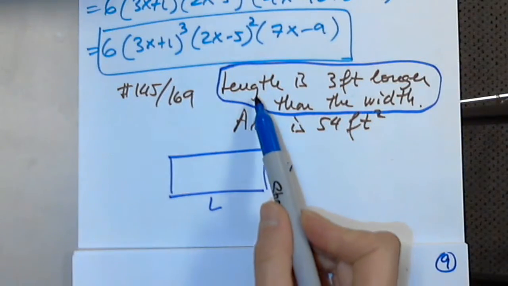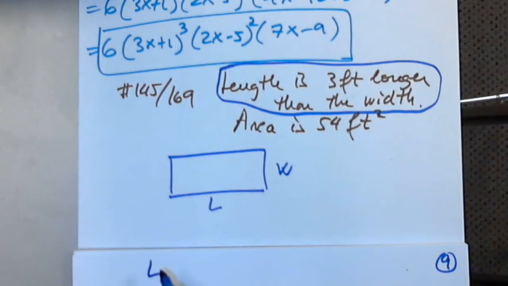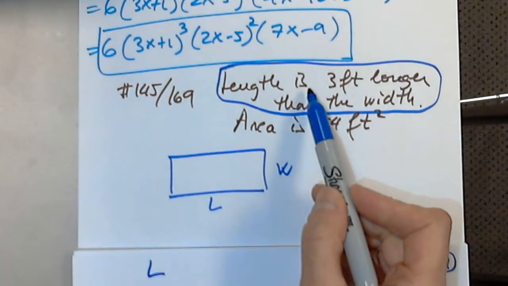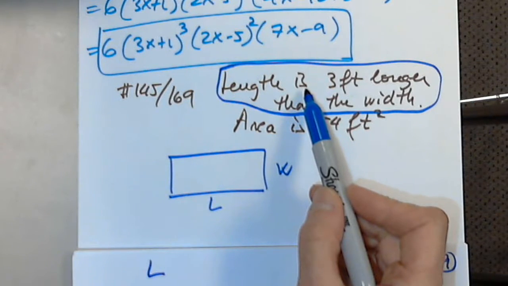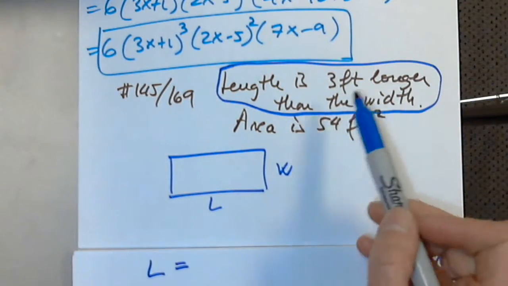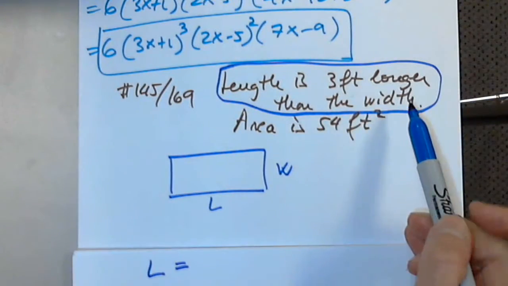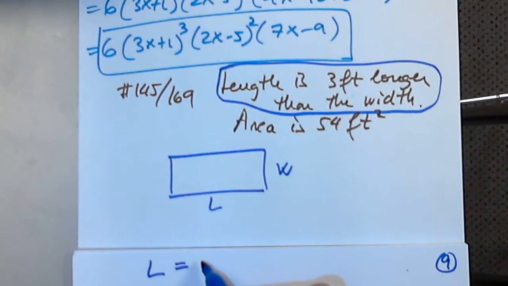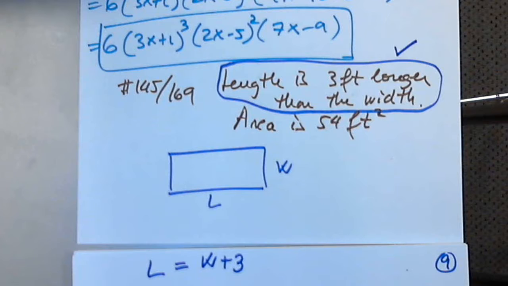But let's change the length into L. What does it represent in mathematical terms? 3 feet longer than the width. Awesome. So this is done, the first equation, the first sentence. And what Brian said is fine. He said L minus 3 equals W, which is perfect.